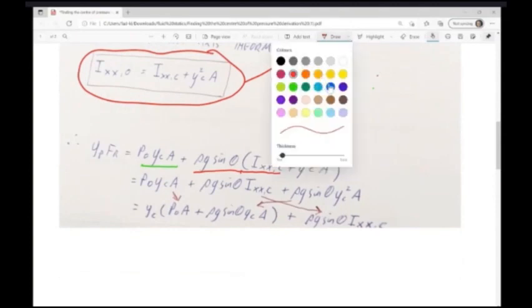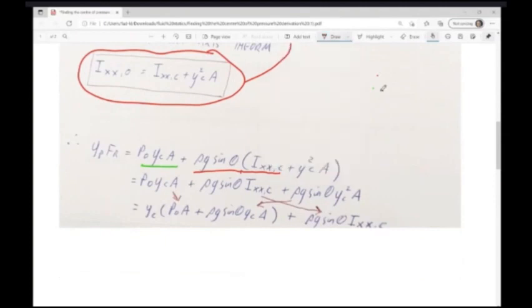Then the third term is going to be rho g sine theta times this, yc squared A. So if we expand those brackets, we end up with three terms. My first term is P0 yc times the area.